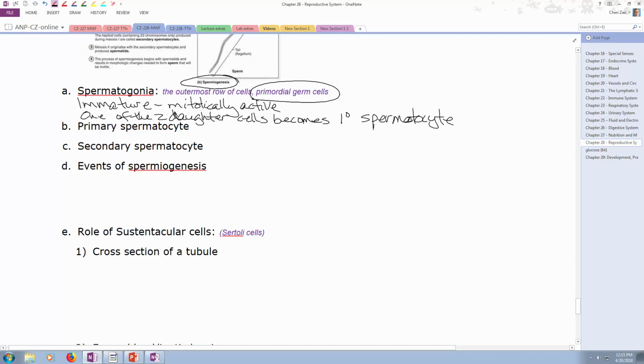A primary spermatocyte always enters meiosis 1, and then goes all the way through it, no pausing, no hesitation, and completes it as a secondary spermatocyte.